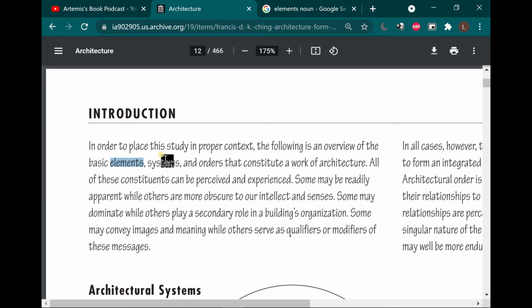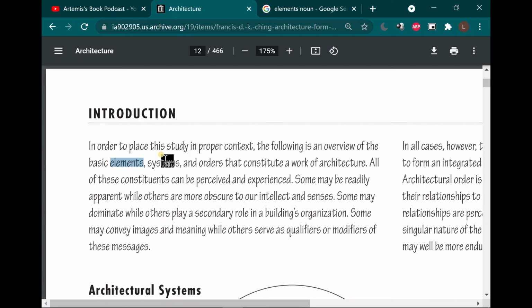Some may dominate while others play a secondary role in a building's organization. Some may convey images and meaning while others serve as qualifiers or modifiers of the messages. That's like the difference between nouns and adjectives. The adjective describes the noun, so basically a happy person. Happy is the adjective, person is the noun.